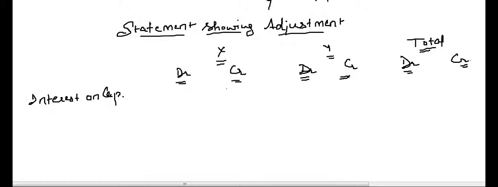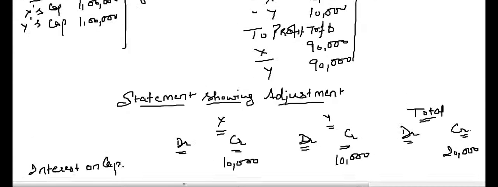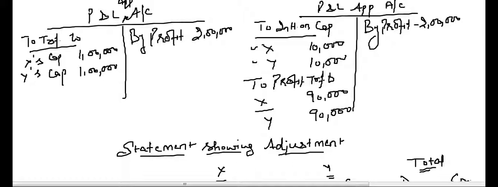How much? 10,000 credit to X and 10,000 credit to Y. Total credit is 20,000. Now see, here I told you that the profits have been given extra. 10,000 each, the profits have been given extra. That means the partners' capital accounts were credited with 1 lakh, but they should have been credited with 90,000. Right? So the partners have been given the extra credit.